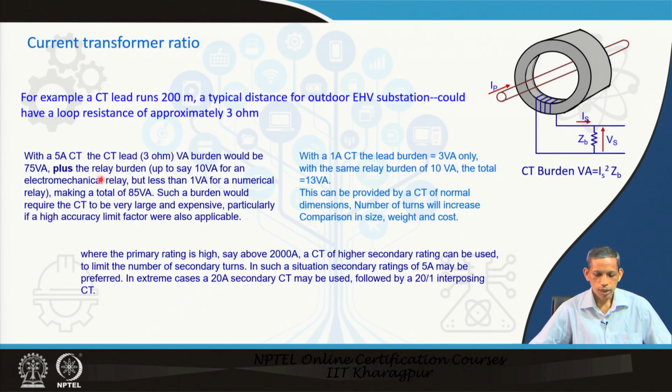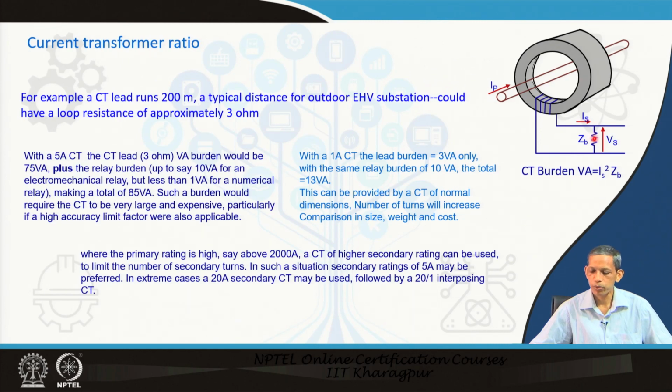Now, let us do simple calculations in terms of the burden. The CT burden we define as ZB, the corresponding wire impedance in the secondary and also the relay or any other elements connected to the secondary of the CT.